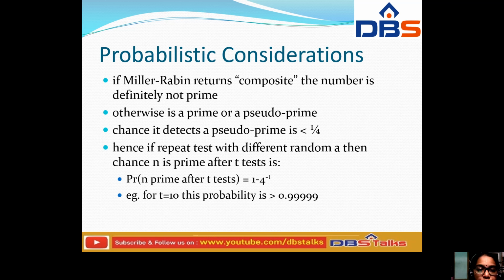Otherwise, we can say it is prime or pseudo prime. The chance of detecting it as a pseudo prime should be less than 1/4.